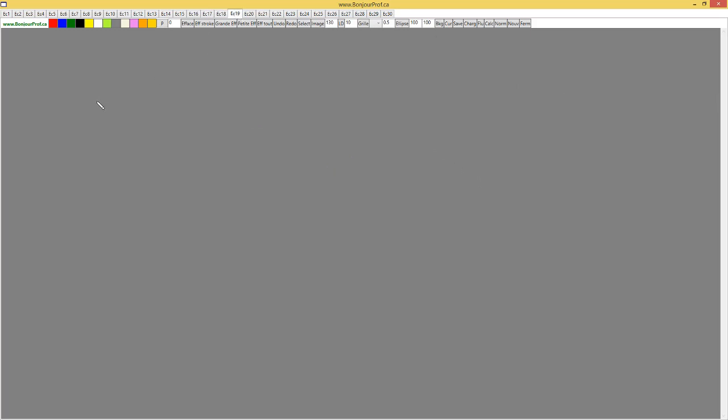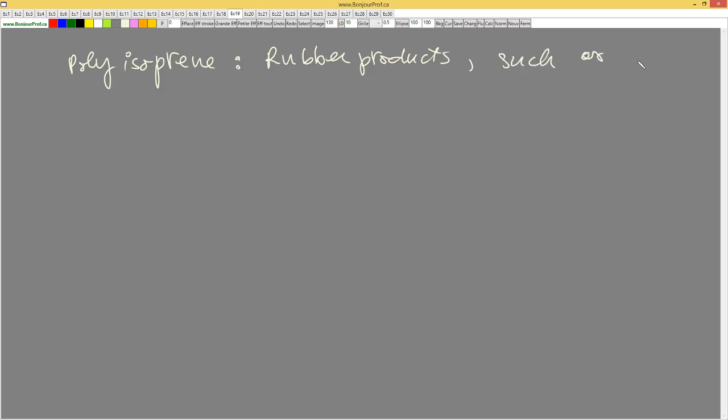Another polymer, the polyisoprene. This one, what is it made of? Where do we find it? Rubber products, such as balls and waterproof boots.